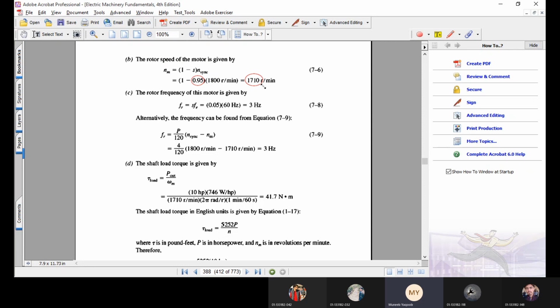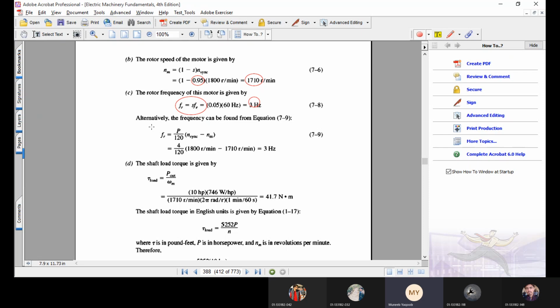In the C part, they want us to calculate the frequency of the rotor. The formula is very simple: rotor frequency is equal to slip times the electrical frequency provided. So it is 0.05 times 60 hertz, and we get 3 hertz as the final rotor frequency at the given slip. Now they are saying that if you use the alternate formula, you will get the same result.